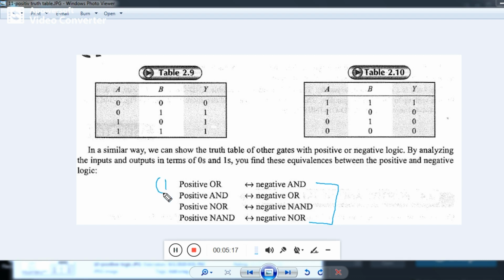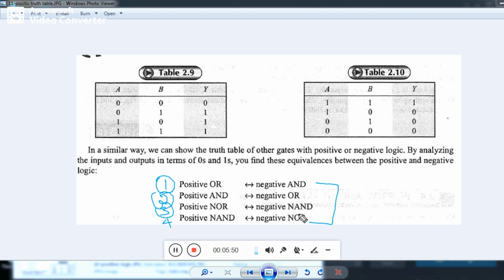The first one we have already seen: positive OR is equal to negative AND. In the exam they may ask you to prove positive AND is equal to negative OR. So that time you have to take an AND gate and prove by changing the logic levels that it is a negative OR. Similarly, you can prove positive NOR is equal to negative NAND. Then the fourth one is positive NAND is equal to negative NOR.